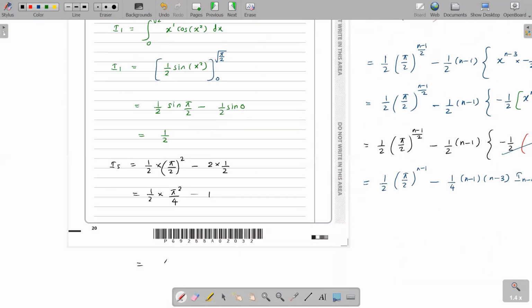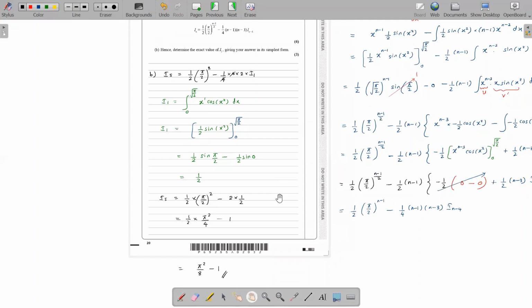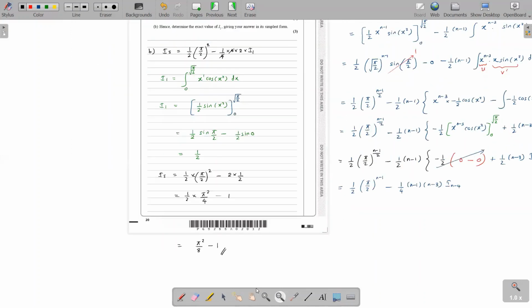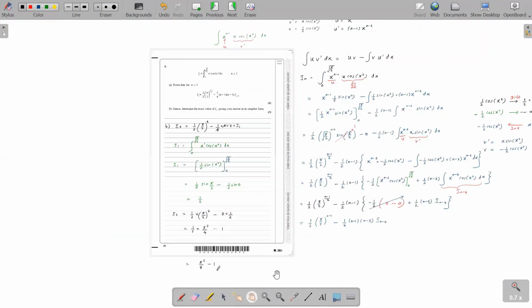So I end up getting here pi squared over 8 minus 1. This is okay? Or you can make the common denominator: pi squared minus 8, the whole thing divided by 8. Or pi squared over 8 minus 1 is more than enough. Do they give us any specific format? Hence determine the value of I5, giving your answer in its simplest form. So this is the simplest form. Okay?